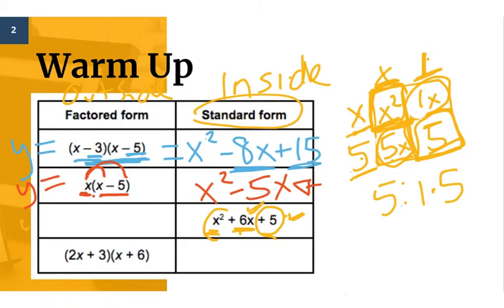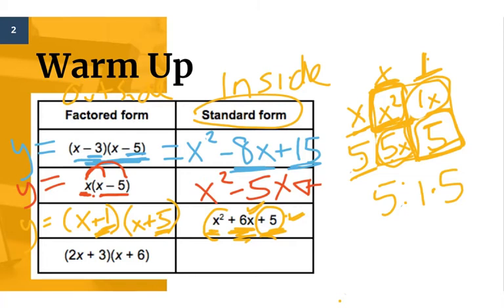All right, so my factored form here is x plus 1 and x plus 5. And again, what is the relationship between the 1 and 5 that would give you 5? And what's the relationship between the 1 and 5 that might give you 6? So think about what operations, what is connecting those guys.